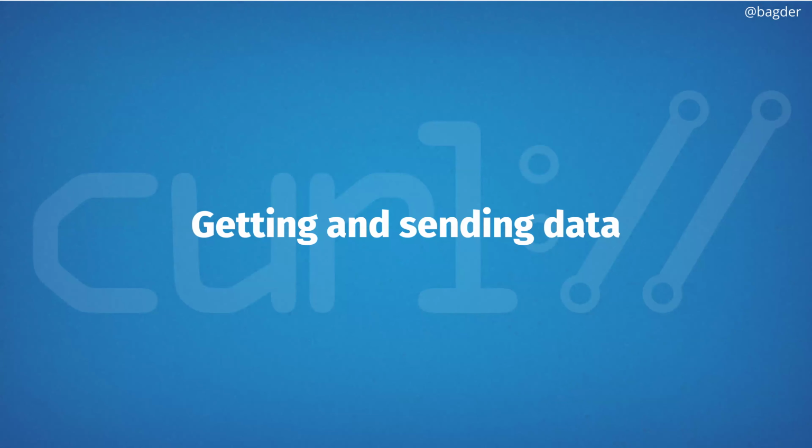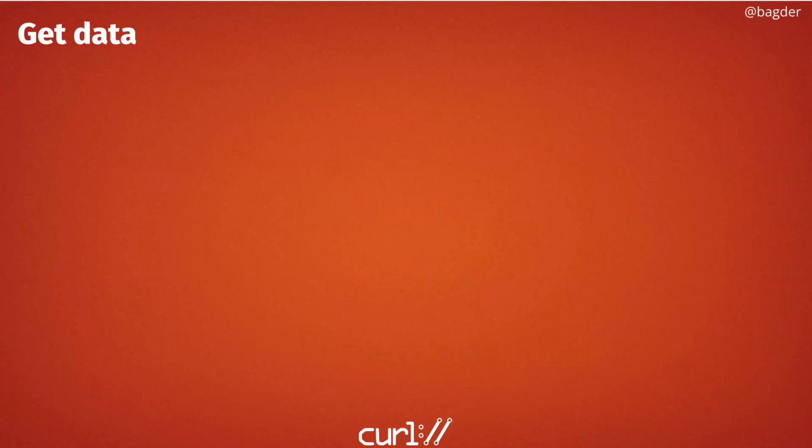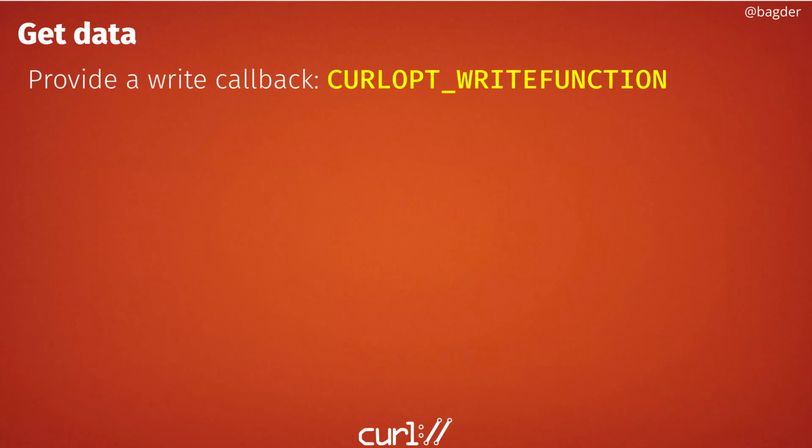So that example I showed you was maybe a little too simplified. If you want to get data from a remote place, that is, you want to download something and then store it somewhere, you give libcurl a callback called a write function. When libcurl gets data and wants to write it somewhere locally, that's the write function.